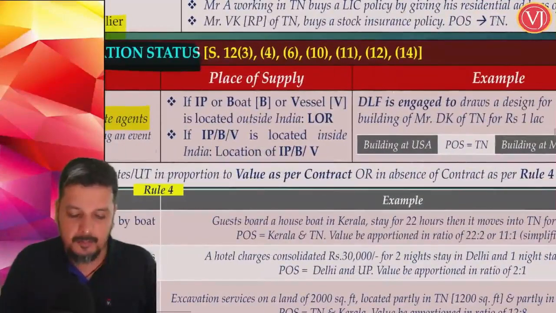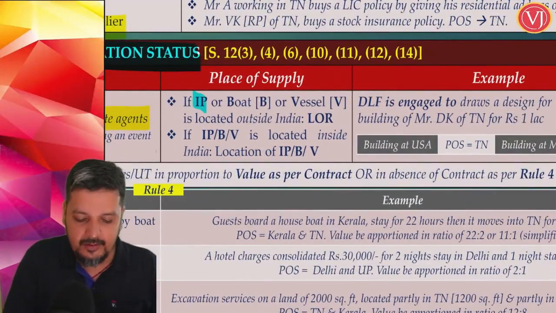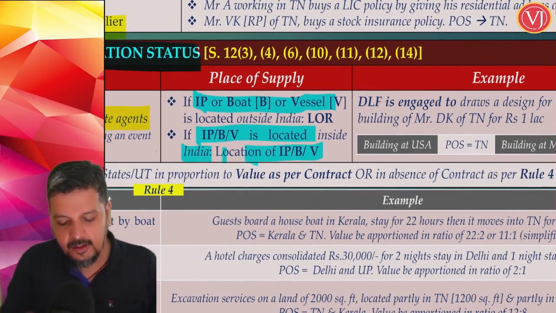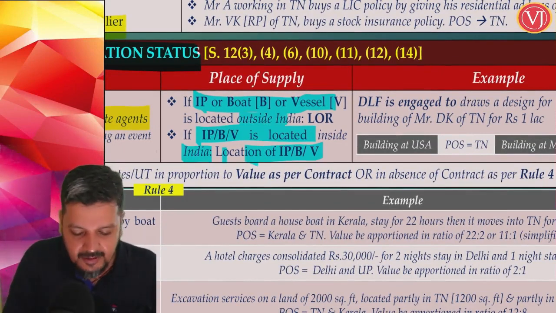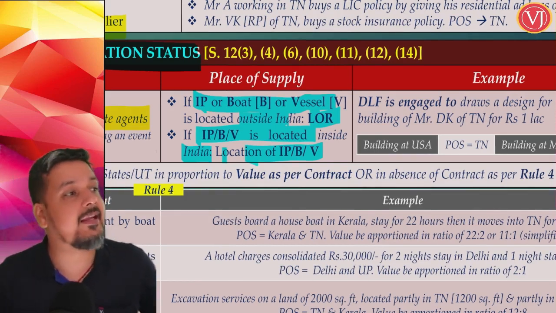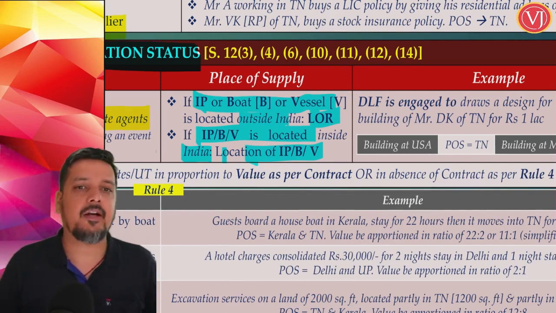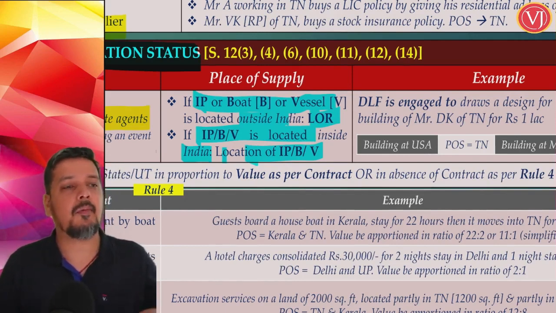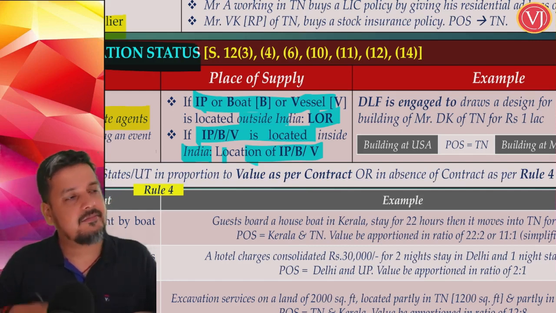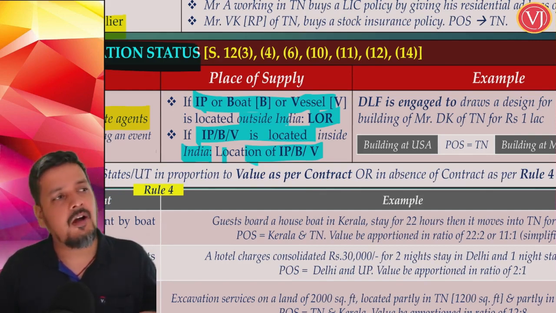If the immovable property or boat or vessel is in India, it is the location of that immovable property. If the immovable property or boat or vessel is outside India, it is the location of recipient. It is very similar to what we have already discussed for events.